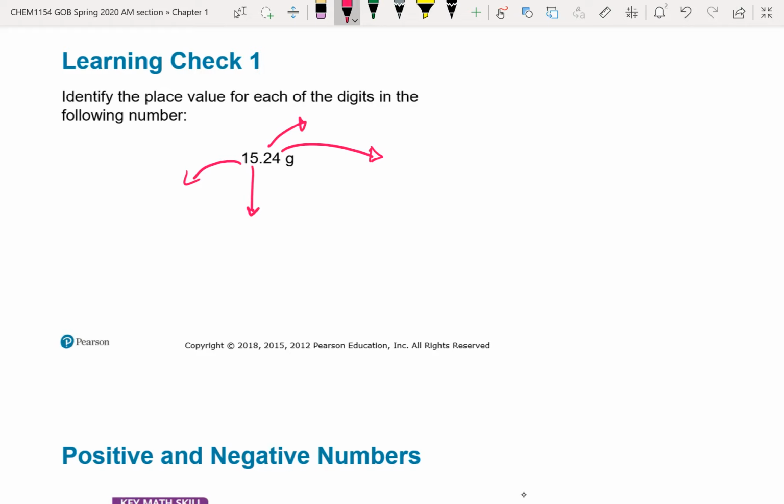What would the 5 be? The 5 would be the ones, right? Okay. What would the 1 be? Yeah, the tens. What about the 2? The tenths. And then the 4 would be the hundredths. Okay.